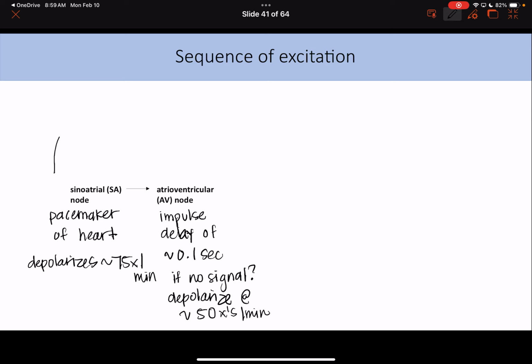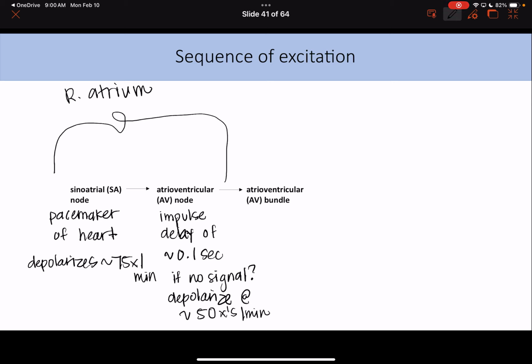Now, both of these sets of pacemaker cells are located in the right atrium. Next is what we call the AV bundle. If you're looking at an older textbook or an older reference, sometimes it's called the bundle of His.